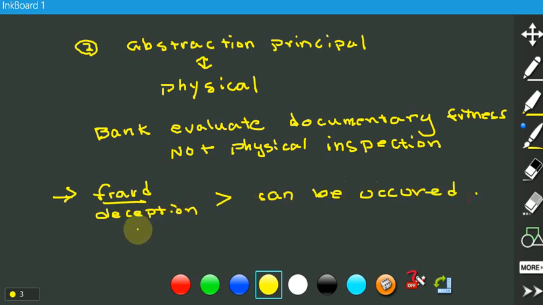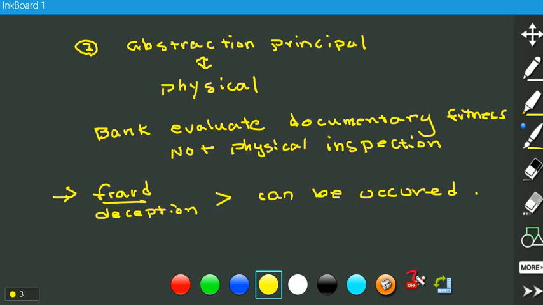Why? Because even without loading your physical article, they can just send an empty container. Instead, they can make it up as if it is real loading in the document. Even then, the banker will negotiate the document.